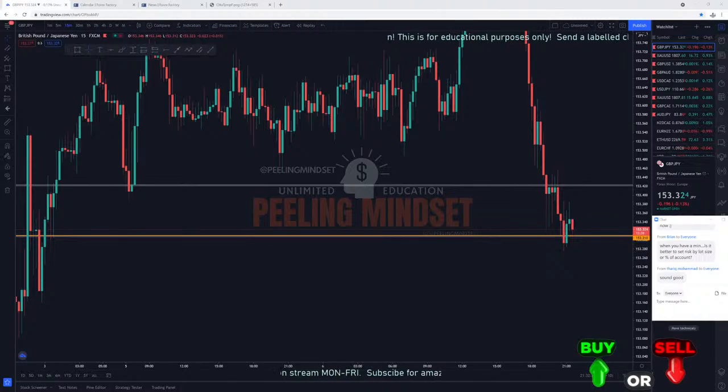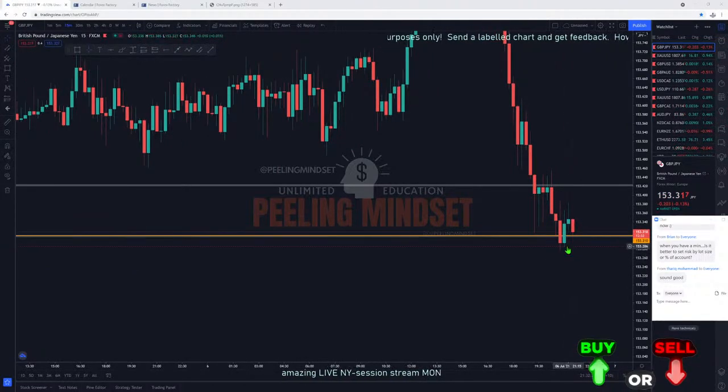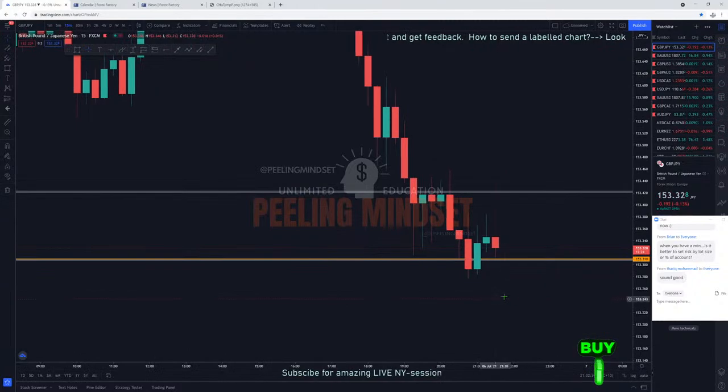Gotta wait for the candles to close. Yeah, but man, on the break of this 15-minute candle's low, it's kind of looking good. My eyes are open, so let's see.